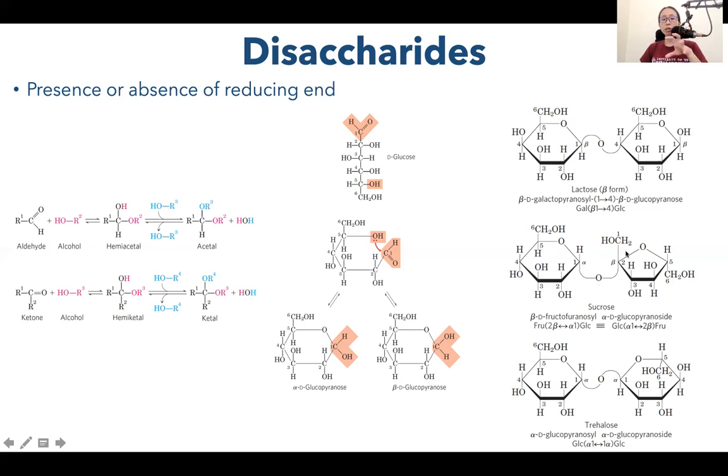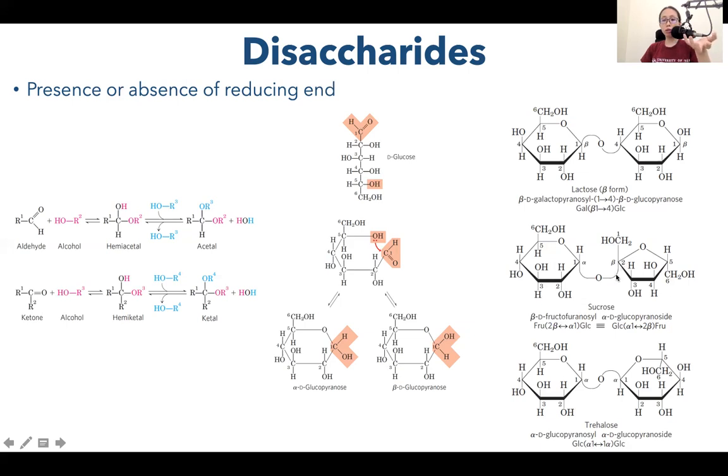Since these two carbons, which are the reducing ends of the corresponding monosaccharide units, are involved in the glycosidic bond, they are now an acetal, right? Because we lost the OH functional group in the formation of the glycosidic bond. They are both acetals now. So carbon 1 in glucose, this is an acetal.